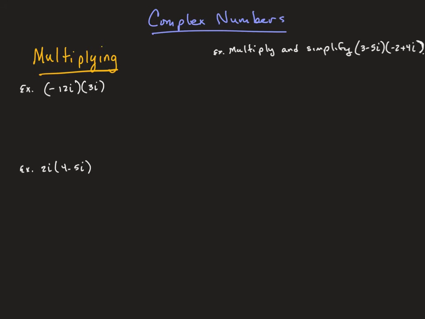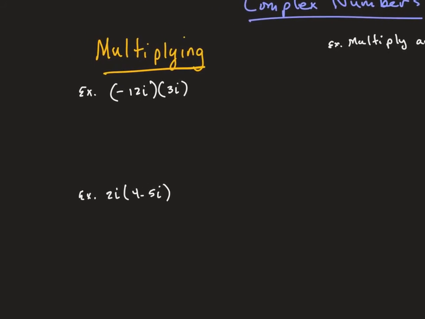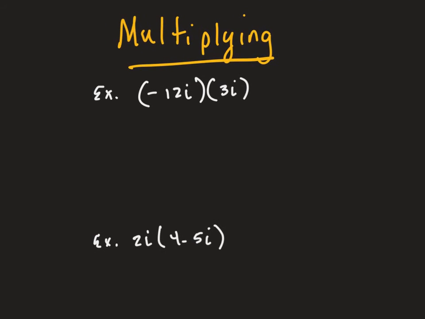Okay, so as we look at multiplication, we want to remember here when multiplying, right? My parentheses mean multiplication. So I am going to multiply. I have negative 12i times 3i, and that is going to be, well, let's see, negative 12 times 3 is going to give me a negative 36, and then i times i is going to give me i squared.